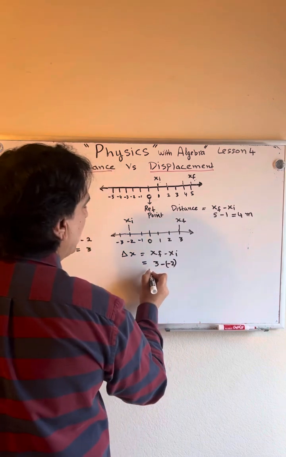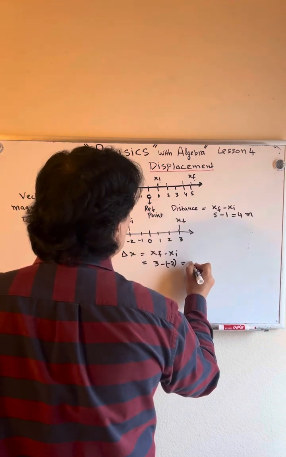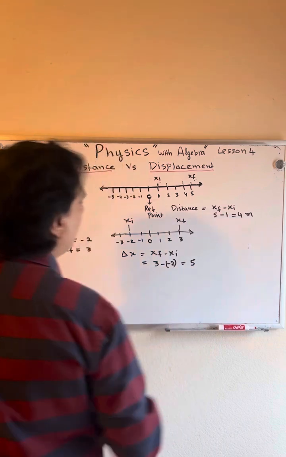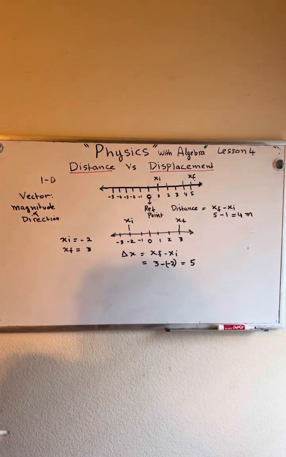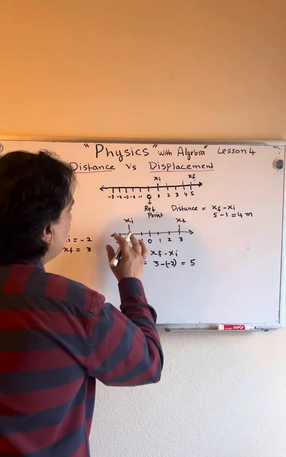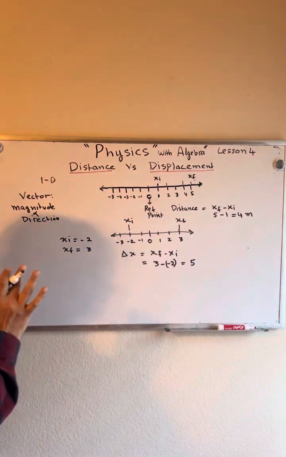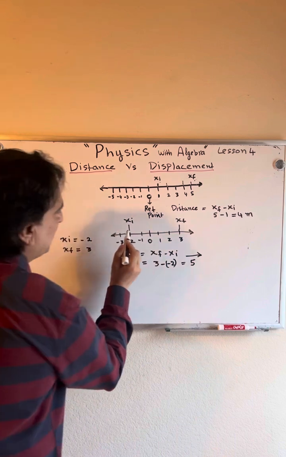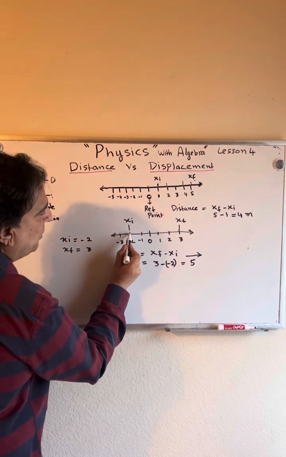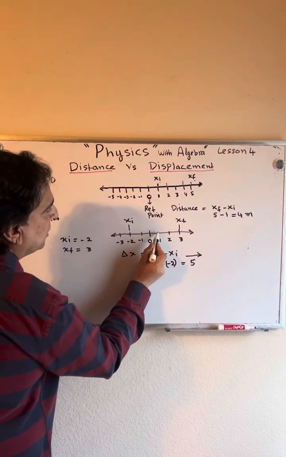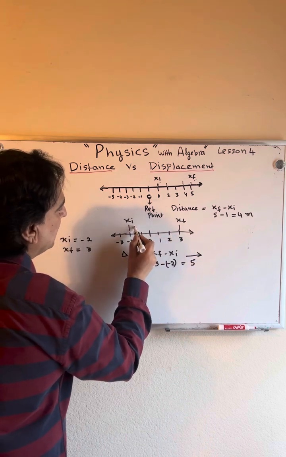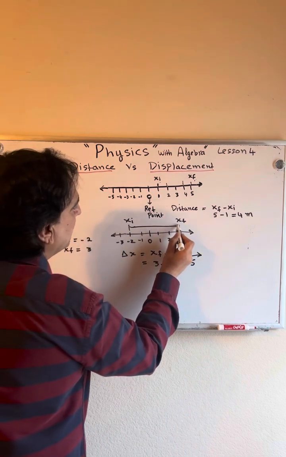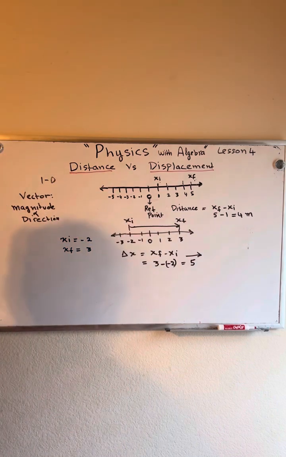So minus cancels minus, this becomes 5, okay? So delta x is 5. What this is telling me is that I have traveled 5 units from left to right. It's telling me the direction is this way, okay? Because if you think about it, you start from here, 1 unit, 2 units, 3, 4, 5 units. So then I can say I'm going in this direction, all right?